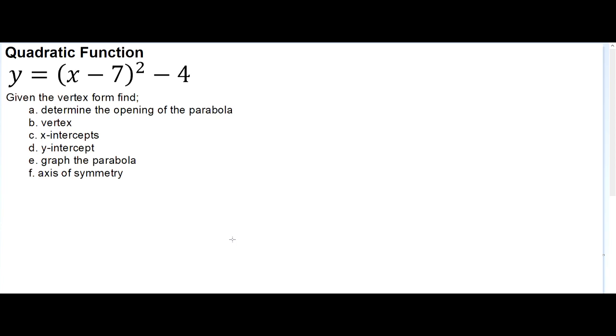Now, in this lesson naman, we will discuss how to graph the parabola of the quadratic function. Now, in this case, y is equal to (x minus 7) squared minus 4. Given the vertex form, find the following. You have determined the opening of the parabola, the vertex, the x-intercepts, the y-intercept, the graph of the parabola, and the axis of the symmetry.